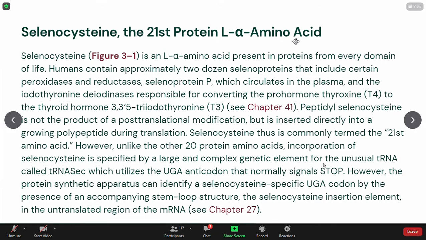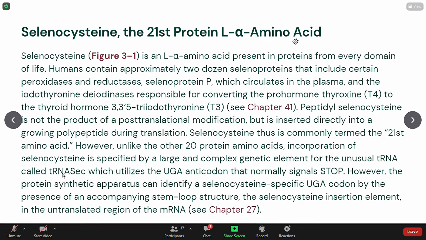Okay, so they are debating on this. Because there are still researchers who say, no, we should not include that because it has no codon. Because all of the 20 amino acids have their own codon. But this one does not have. Its codon is a tRNA. It should be messenger RNA.